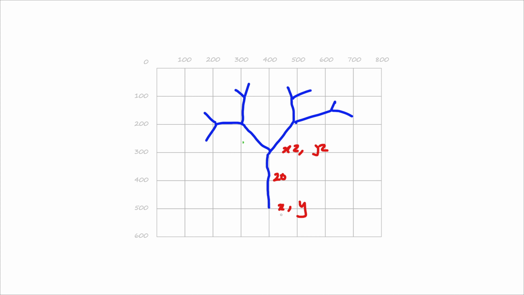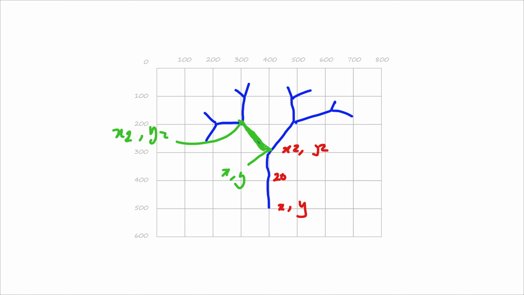Okay, so we said let's focus on this one here, this branch for example. So we're starting at x, y, and we know it's at an angle, and we've just worked out what x2, y2 are, using trigonometry. So we've drawn a branch, a line that goes from here to here.